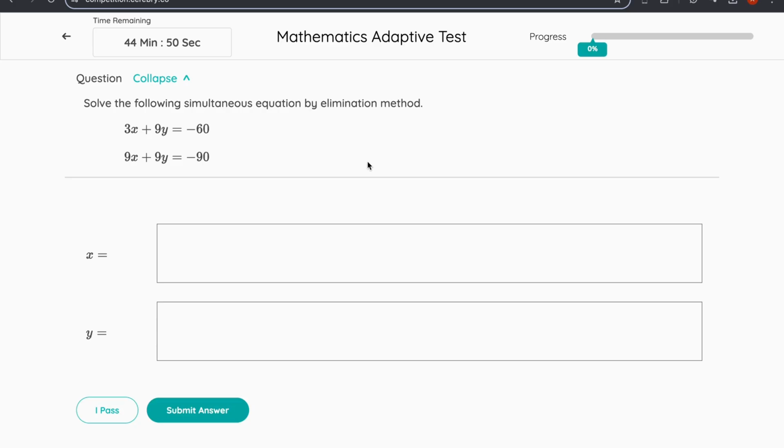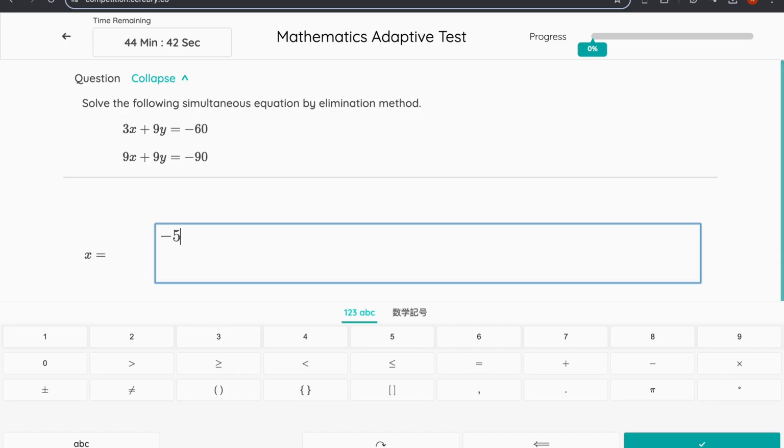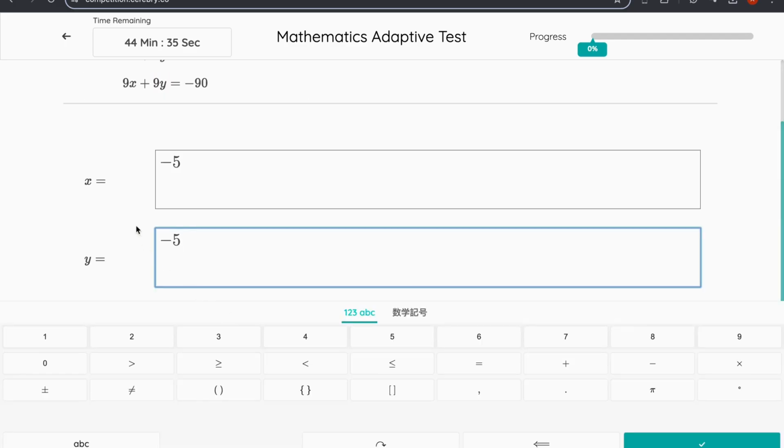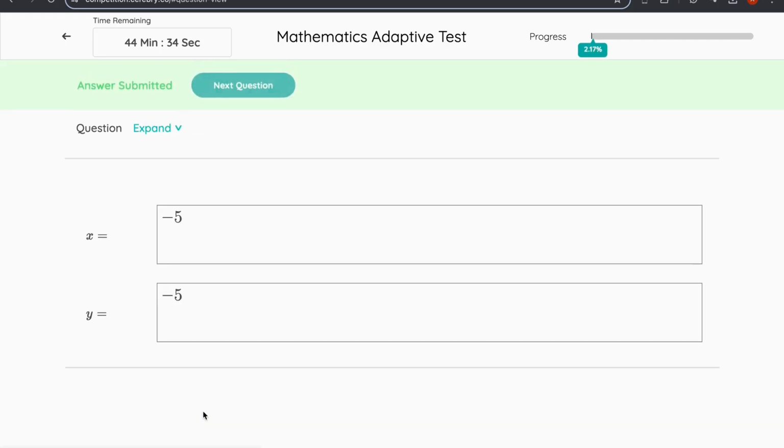Let's answer this question correctly. Upon answering this question correctly, I will get a harder level question.